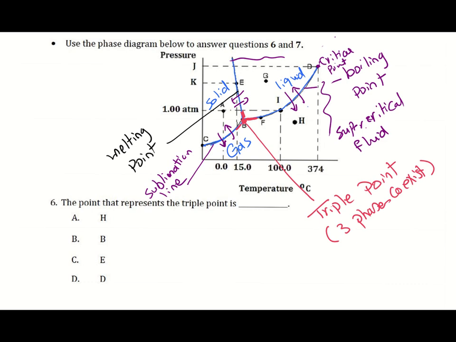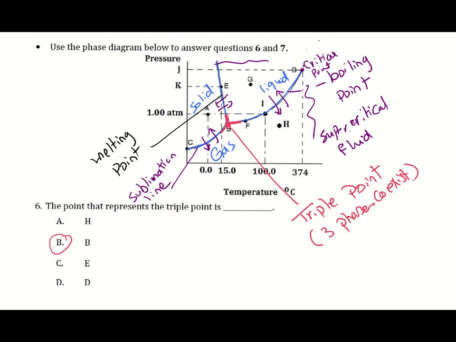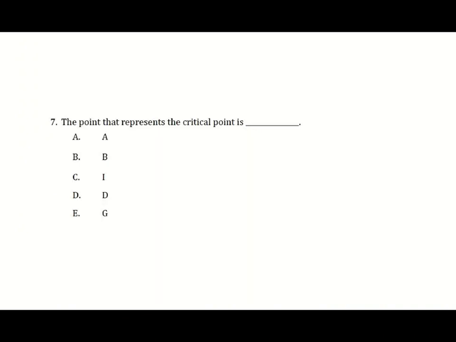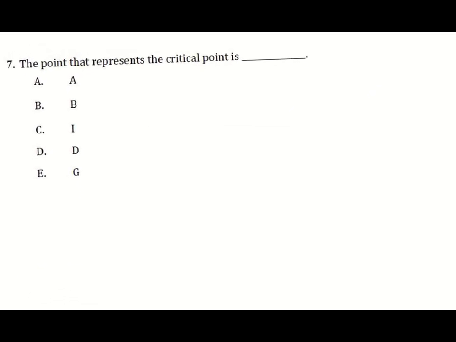So the point which represents the triple point is point B. The question is also asking about the critical point. The critical point is point D, as clear from this graph.